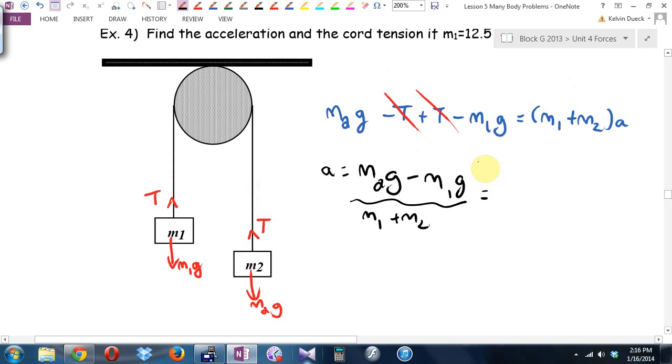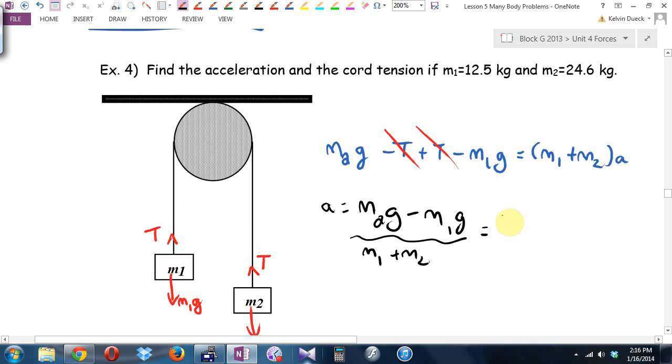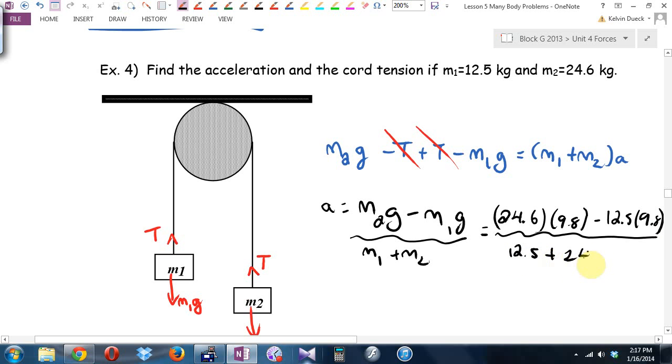You're saying, it's going to be 24.6 times 9.8 minus 12.5 times 9.8 all over whatever 12.5 plus 24.6 is.